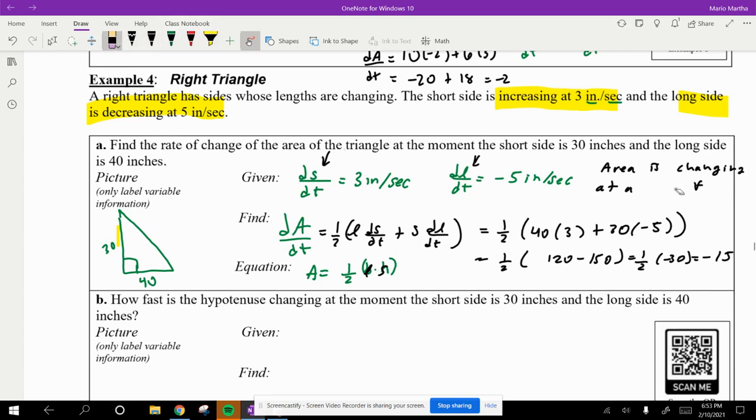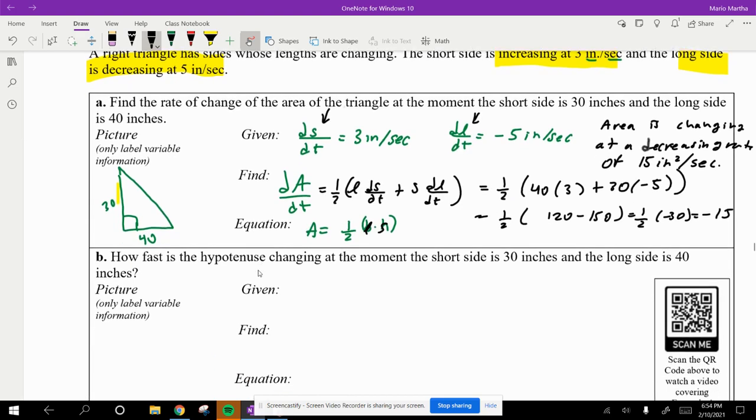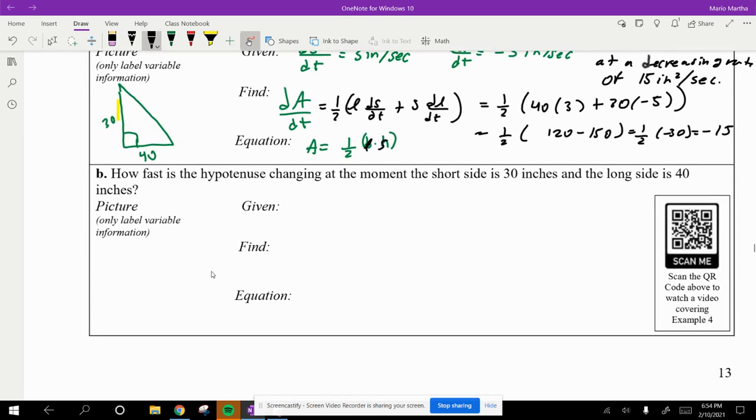So make sure you remember to say at a decreasing rate, of 15 square inches per second. All right. So here again, we found the rate of change for the area of the triangle.